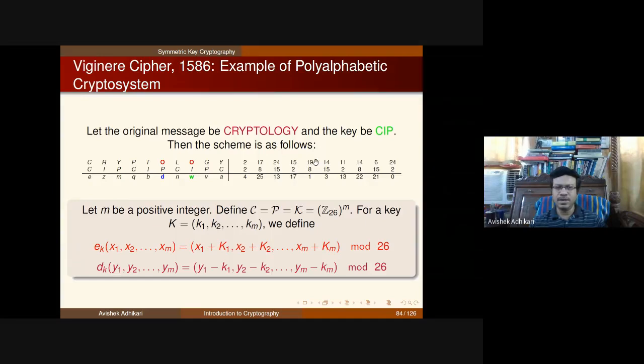Similarly here 17 plus 8 is 25, and so on, and another sum becomes 27, which modulo 26 is 1. Now the roll numbers corresponding to my ciphertext are these. Converting back to letters, the roll number for E was 4, 25 was Z, then M, and so on. So this is my ciphertext. Is that clear to all of you?